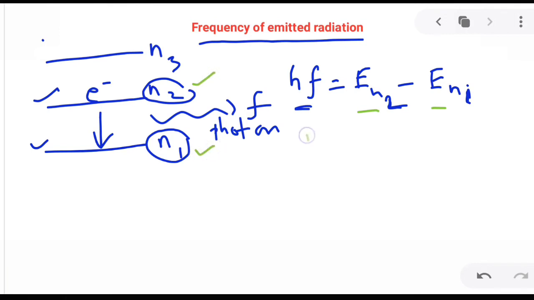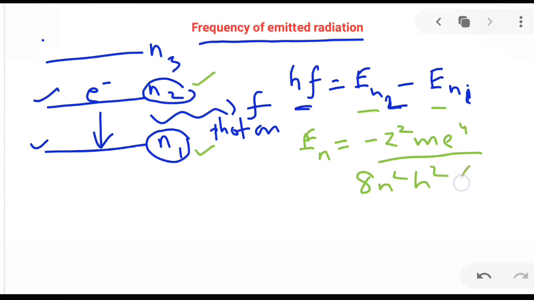We have already calculated the energy of the electron in the nth orbit, and we have seen that it is equal to minus Z square m e^4 divided by 8 n square h square epsilon naught square. So for this energy level n will be replaced by n2, and for this it will be replaced by n1.